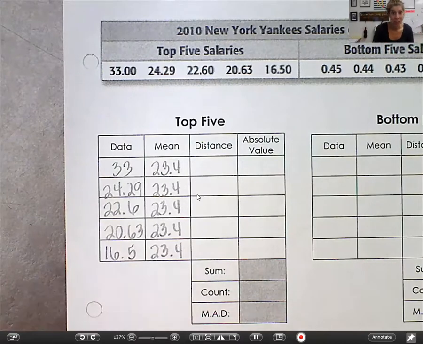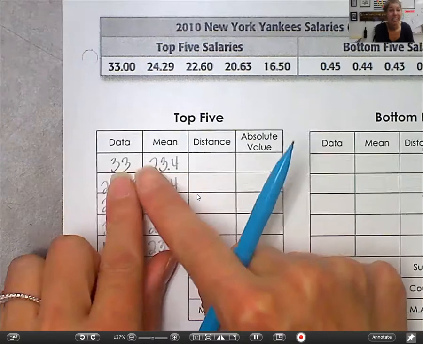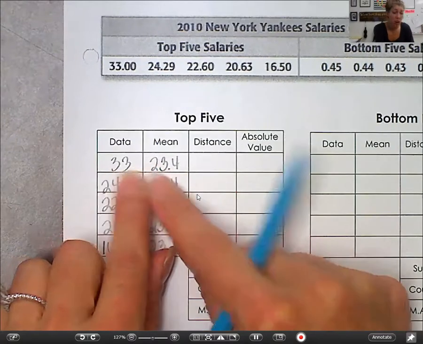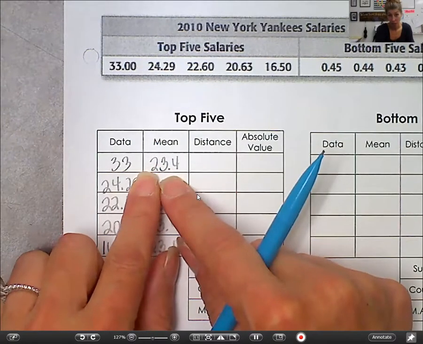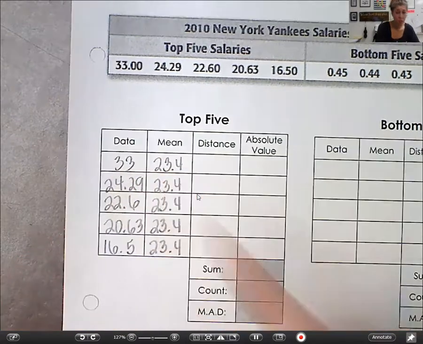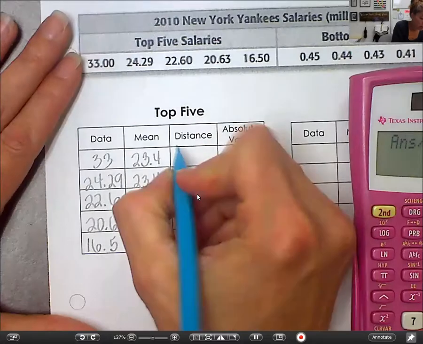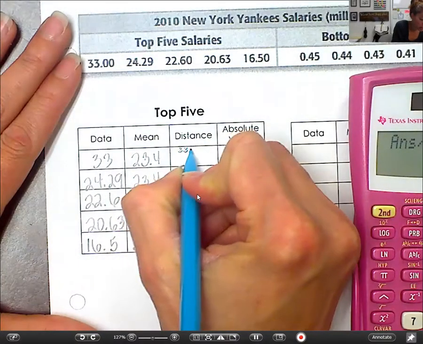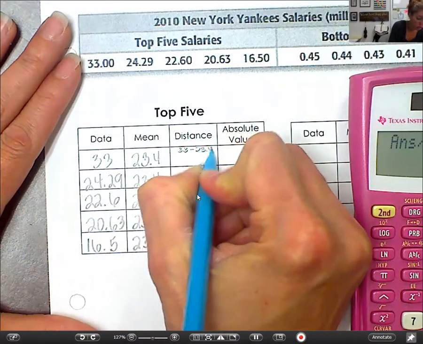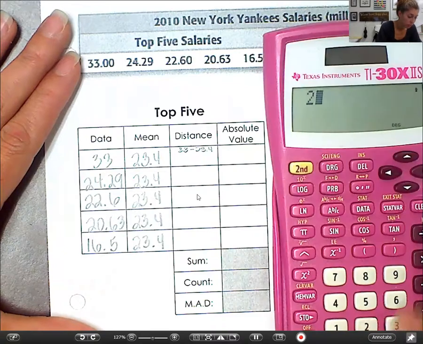Okay, so now we need to figure out how far is this top salary from the average salary, okay? So this involves a subtraction problem. And I'm even going to write that I'm going to take the 33 and subtract the 23.4. Okay.